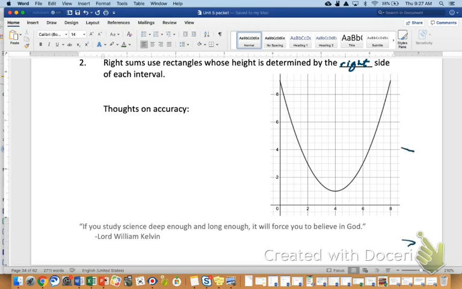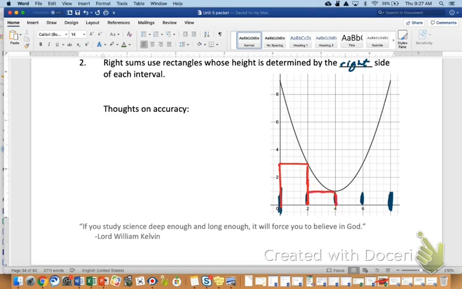We're going to estimate the area from 0 to 8, and just to make it easier on ourselves, I'll split this up into those 4 subintervals again: from 0 to 2, from 2 to 4, from 4 to 6, and from 6 to 8. If we're going to use the right side of the interval, then my first rectangle's height would be determined by the height at 2. So I could draw it in like so. That would be my first right sum rectangle.